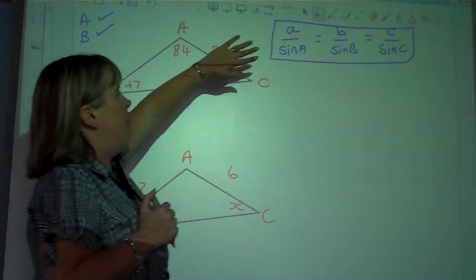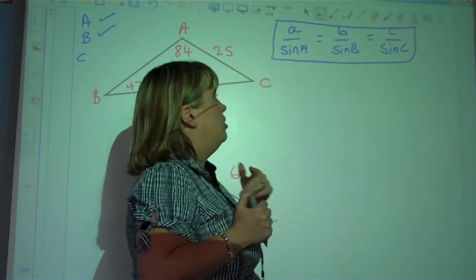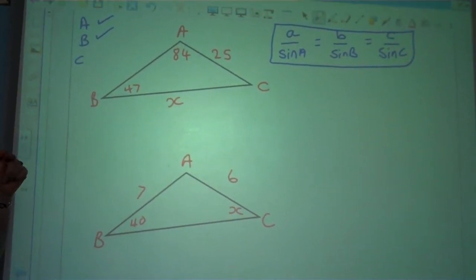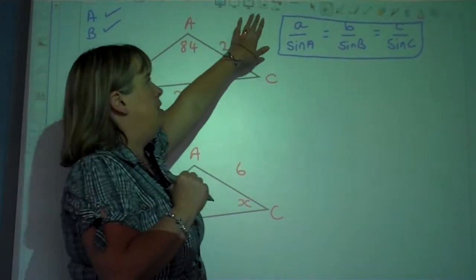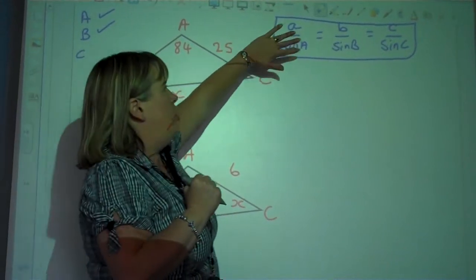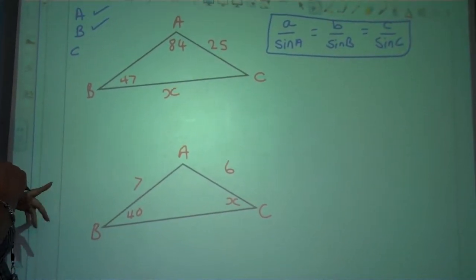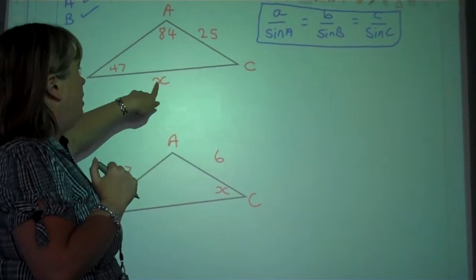Now, if you invert each of those, so you turn them upside down, then the equation is the same, but it doesn't tell you that at the front of the paper. So if you're looking for a missing side, you want it this way round, and if you're looking for a missing angle, then you want the whole thing flipped upside down. The other thing I would say is the one that you are looking for should be the one that you start with.